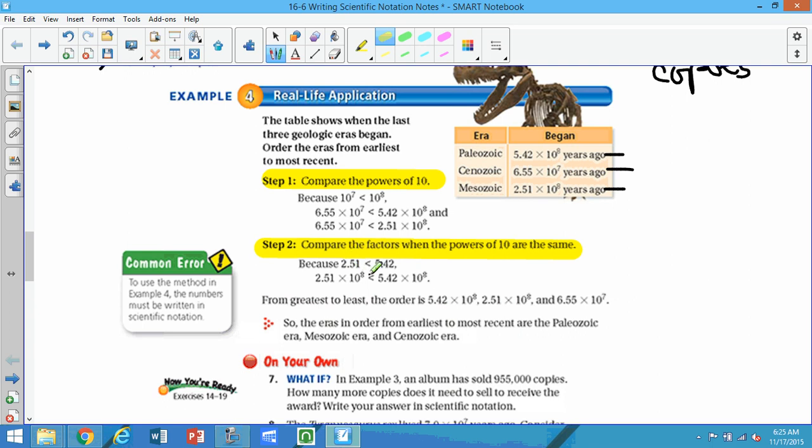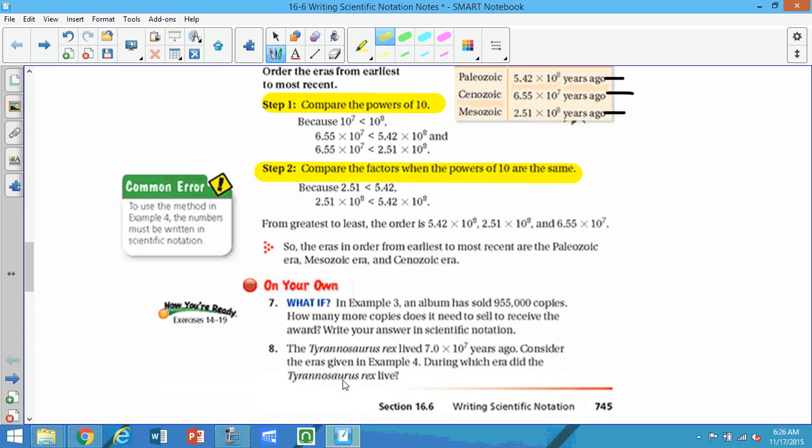So 2.51 is less than 5.42. Because they're both 10 to the 2nd power, 2.51 is smaller than 5.42. Now, I know myself, and I would probably check it by working them all out, because that's just how I am. You don't have to do that, but it's a way to ensure that you're doing it correctly.